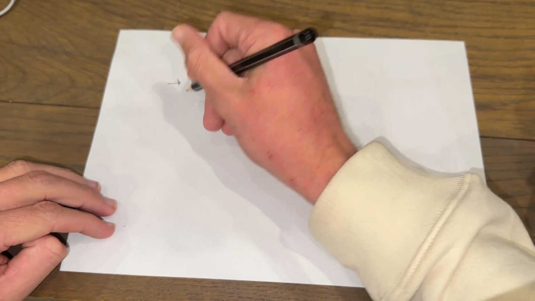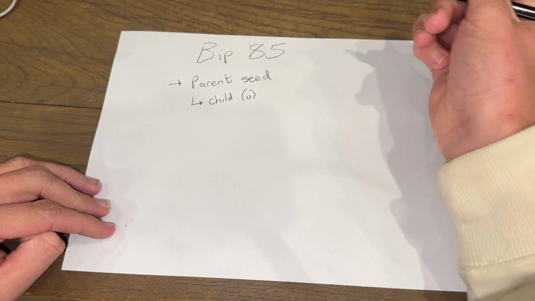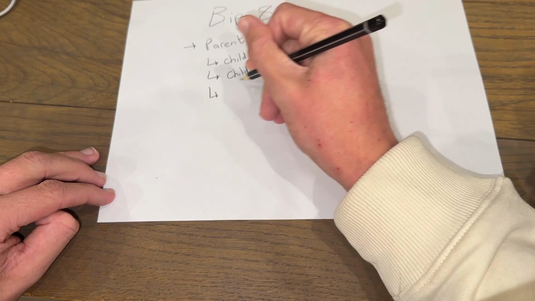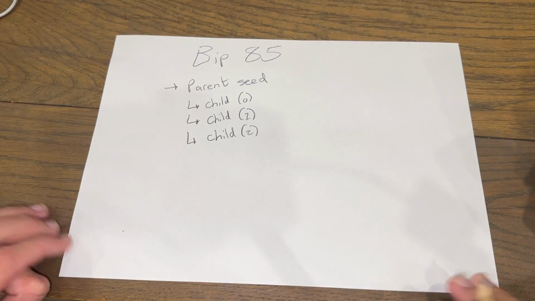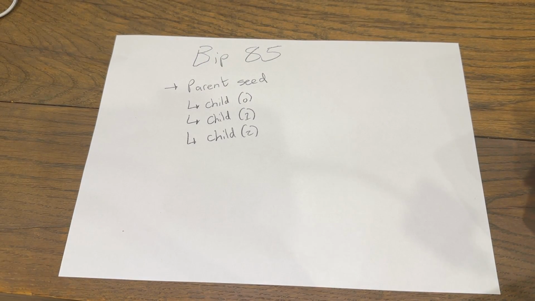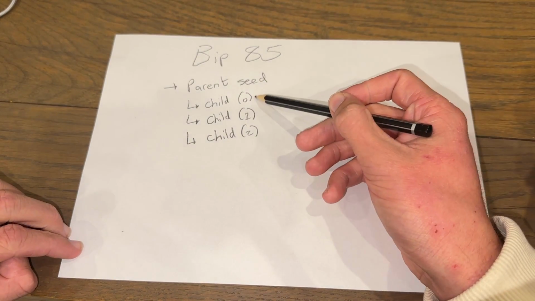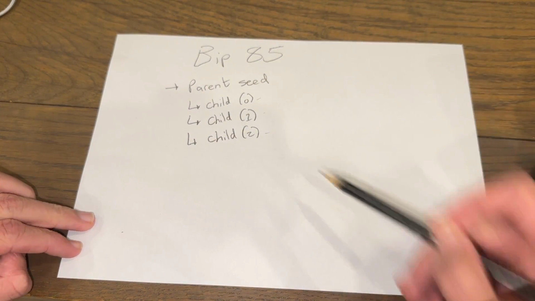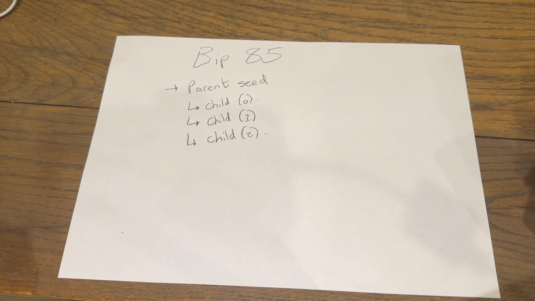So from this parent we can get child 0, child 1, child 2, and this essentially goes on forever. You can generate as many child seeds as you want. And each one of these child seeds is a completely unique Bitcoin wallet with its own unique 12 or 24 words. And these are all completely functional Bitcoin wallets.